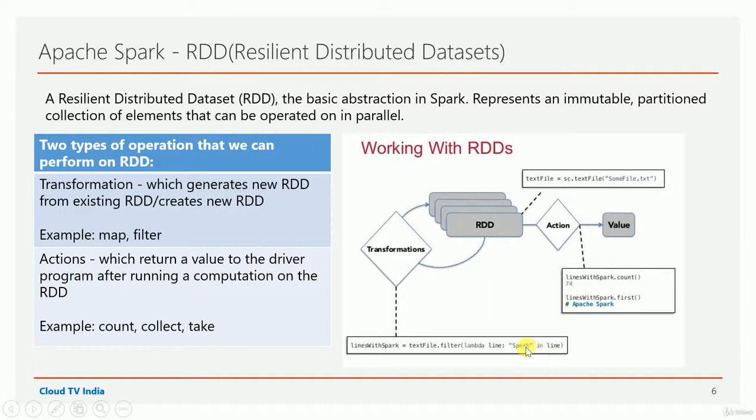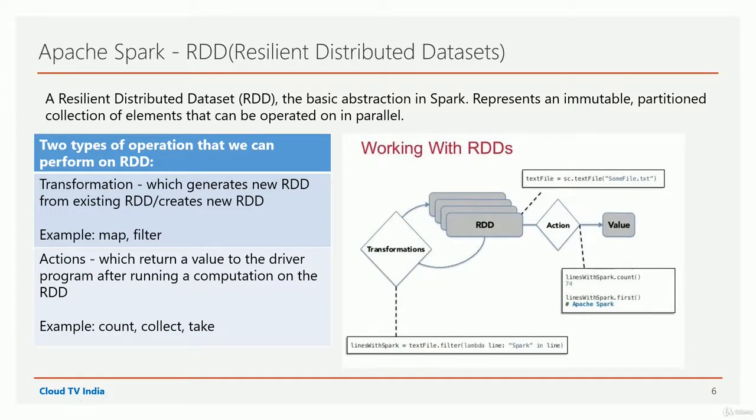I want to take only the lines which have the word Spark, so I can do the filter operation. That filter operation is called a transformation. When you do a transformation, you get a new RDD. So lines with Spark is another RDD which is derived from the textFile RDD. Every time you do a transformation, you get a new RDD.